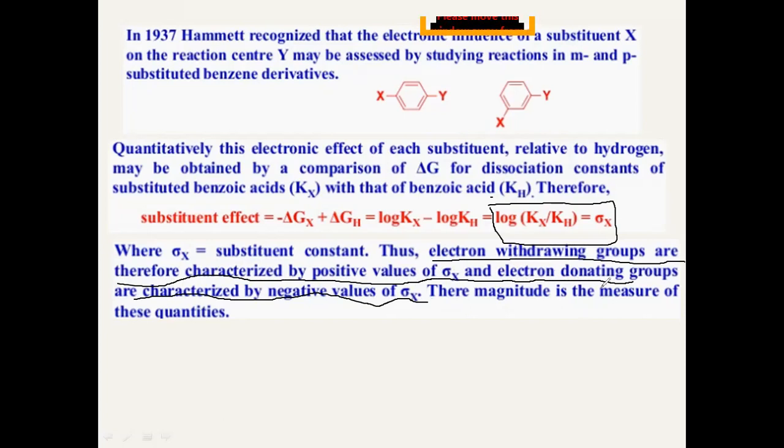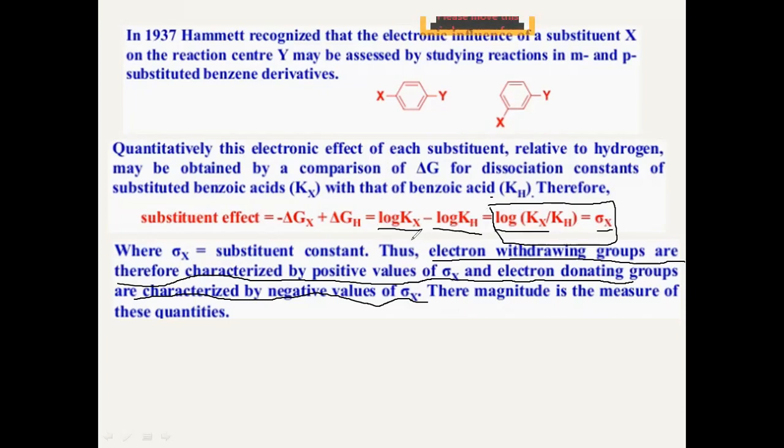See, look at this value, log kx minus log kh. If the value of log kx is more, then only sigma x will be positive, or not? Yes. If the log kx value is less than this, then this will be negative.